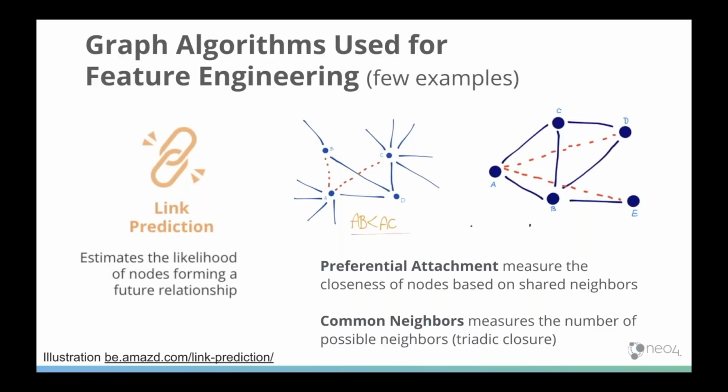The idea there is that if 2 strangers have a lot of colleagues or a lot of friends in common, it's more likely they're eventually going to get introduced than if they have no friends in common. So even if you're a stranger, but you have a lot of secondary or third friends in common, you're more likely to meet or collaborate. We found that a really good link prediction algorithm to take a look at.